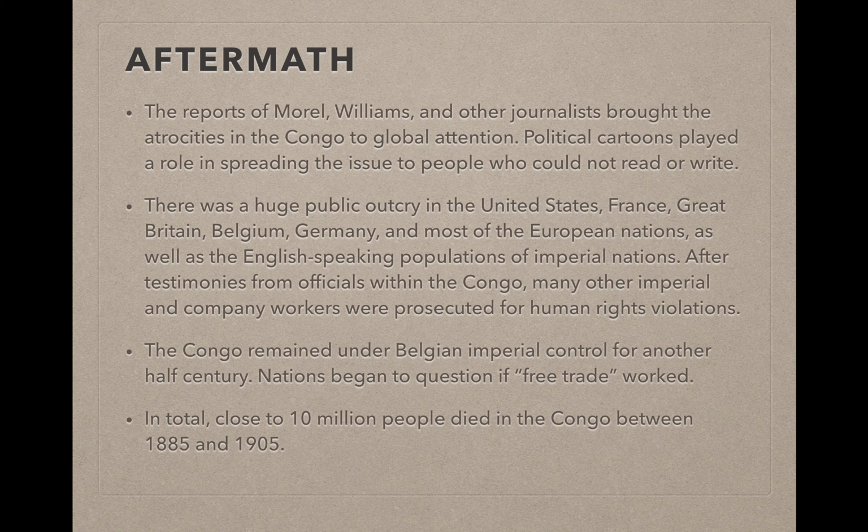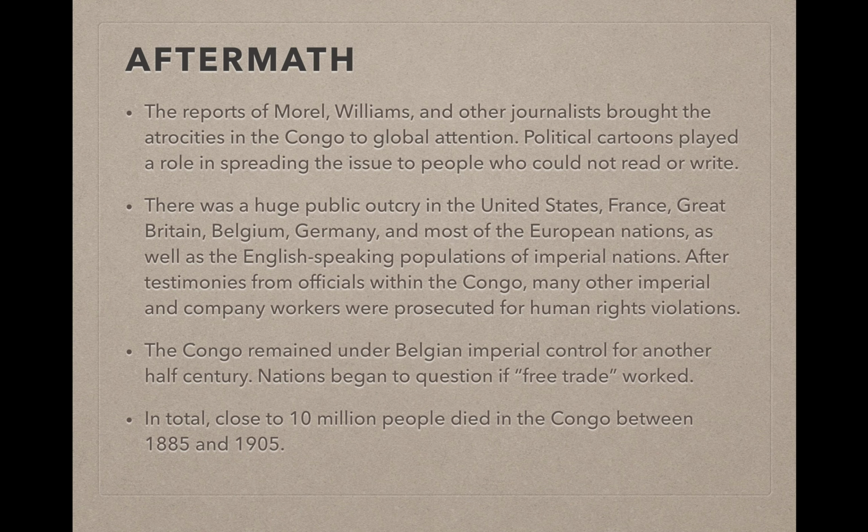But the Congo stayed under Belgian imperial control, and so Europeans thought the answer was basically to make the Congo go under Belgian control instead of be under free trade control, because they thought there wasn't enough regulation. But in total, you had about 10 million people who died in the Congo, and that was just a period of about 20 years.